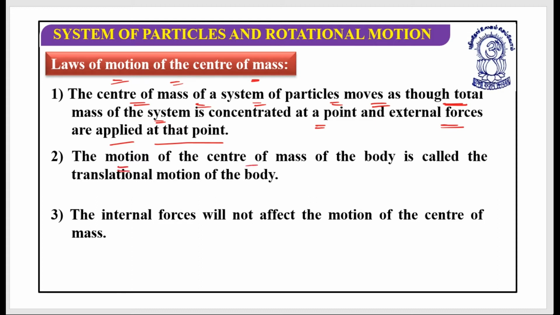Next, the motion of the center of mass of the body is called the translational motion of the body, and the internal forces will not affect the motion of the center of mass, because if F external is 0, that means VCM will equal UCM. That means the final velocity of center of mass will equal the initial velocity of center of mass.